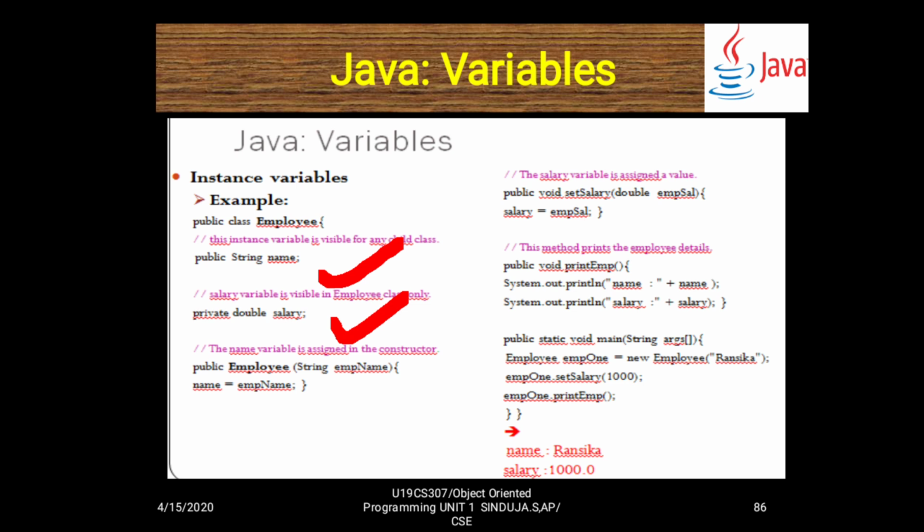So instance variable is defined within the class but outside my method. Here employee is a method. It starts here and ends here. I also have one more method called set salary. Here also it started and ended, and one more function called print employee, and it also started and ended.